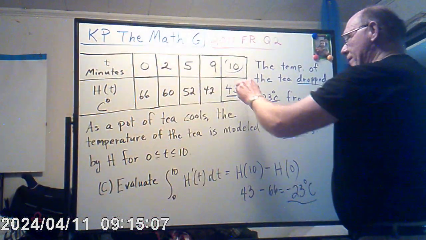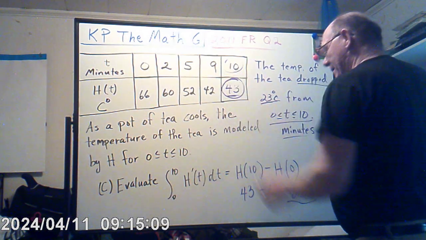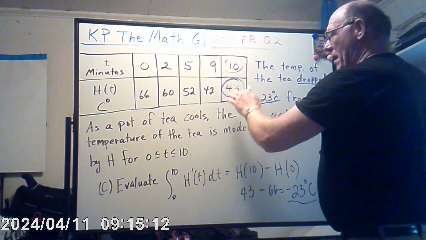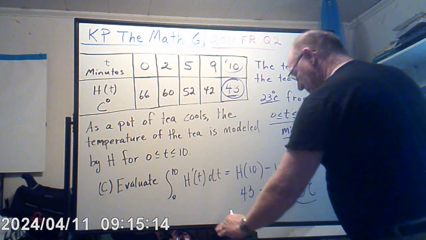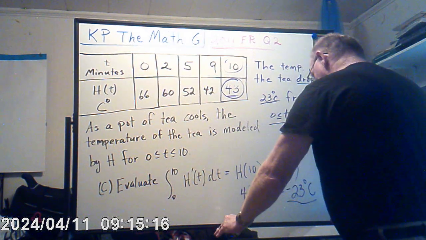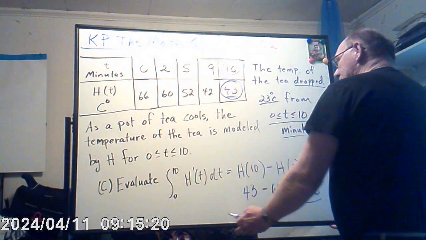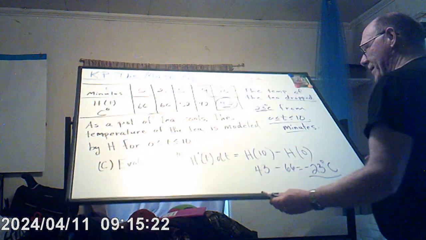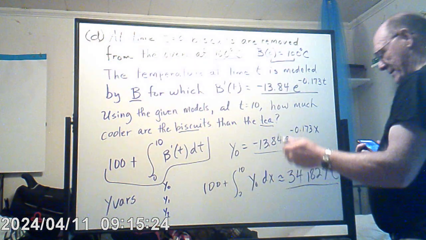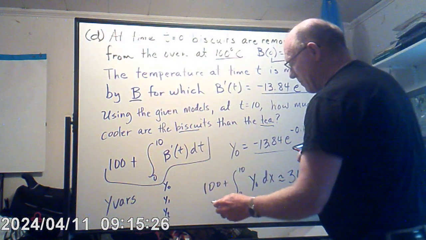Alright, we know that's 43 here. So that's the t here. So 43 minus, back to 43. Alright, t at 10 is 43. So that's what we wanted to do.